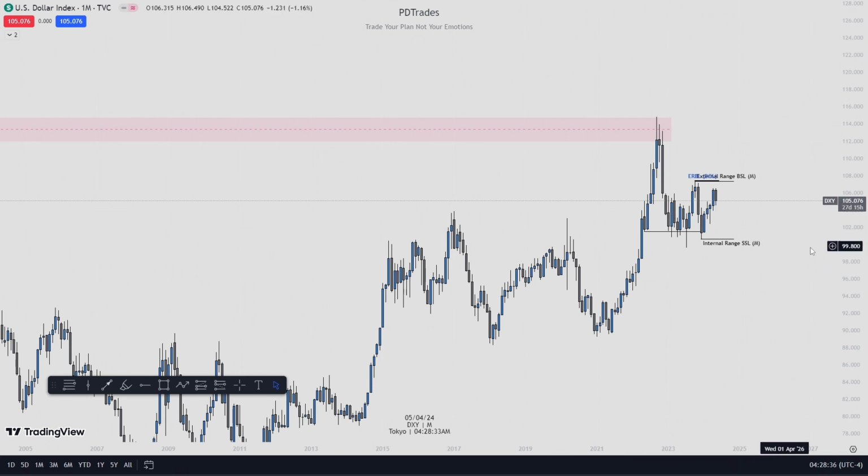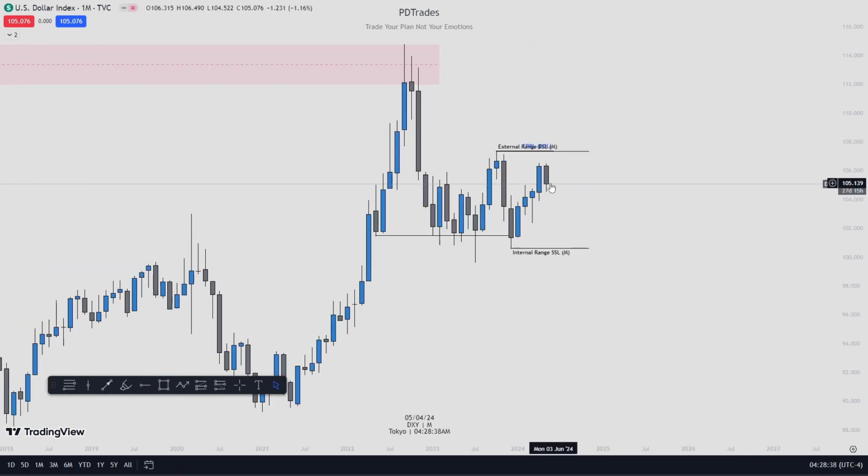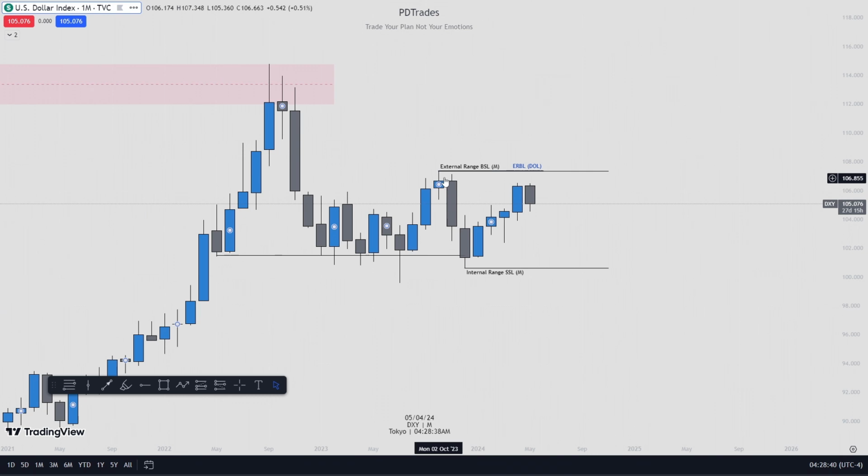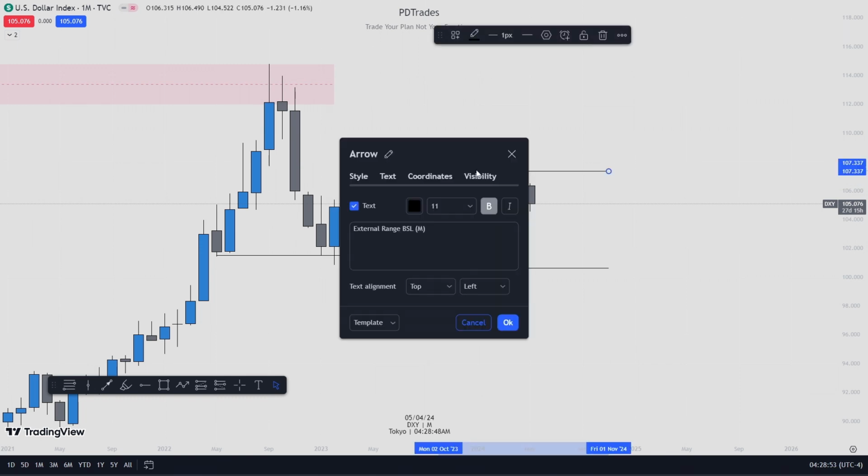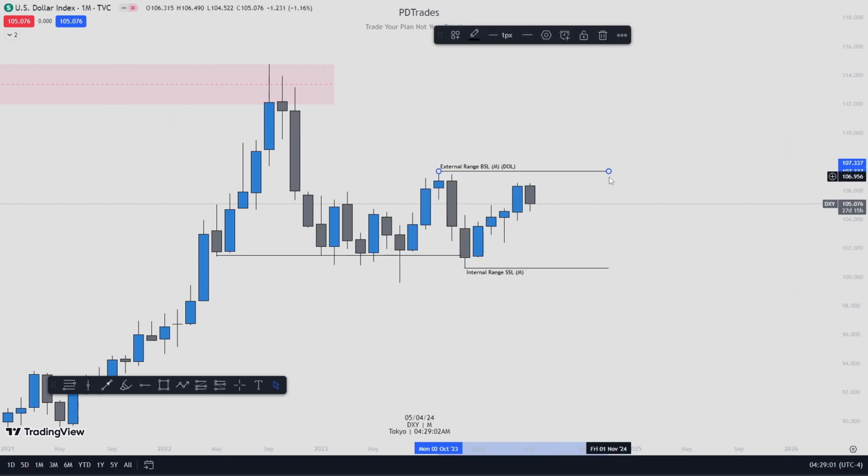The dollar has been bullish, so my draw on liquidity is this high here. External range buy side liquidity. That is my draw on liquidity. This area here is my draw on liquidity.